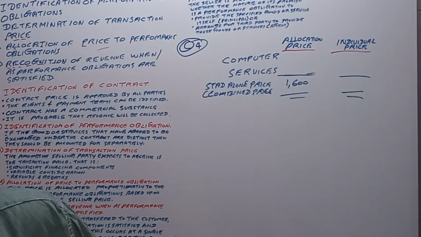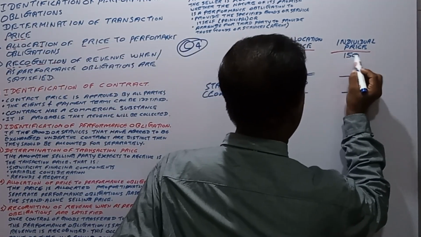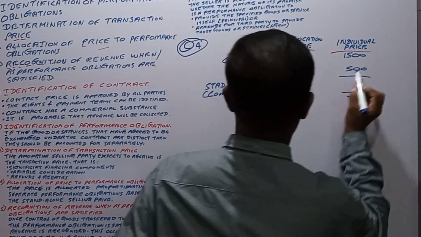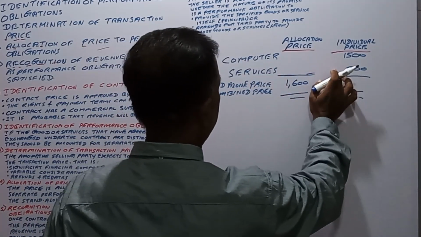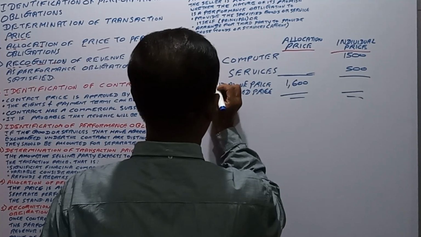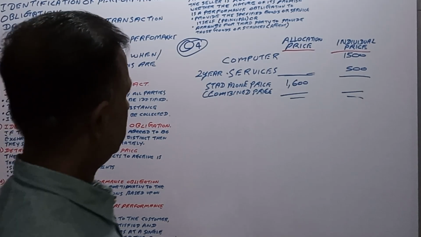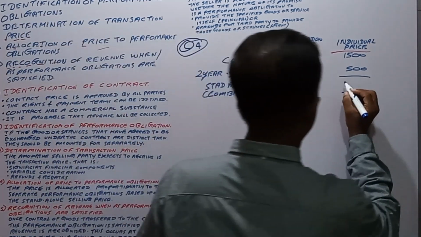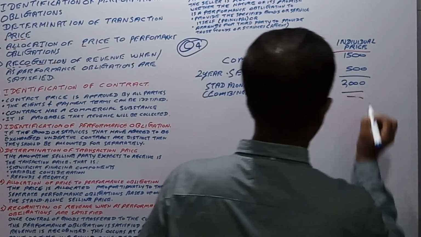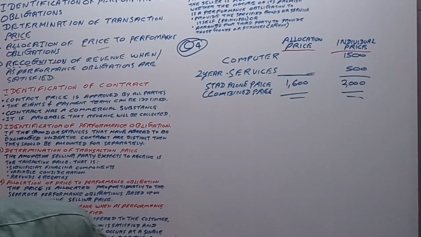The individual prices are 1500 and 500. The service charge is 500 for 2 years, and the computer is 1500, altogether 2000.